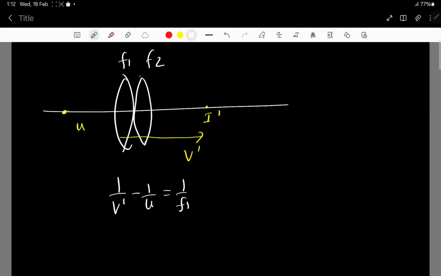Now I can consider the presence of the second lens alone, but as far as the second lens is concerned, okay, this v dash is going to serve as a virtual object. It is going to serve as a virtual object.